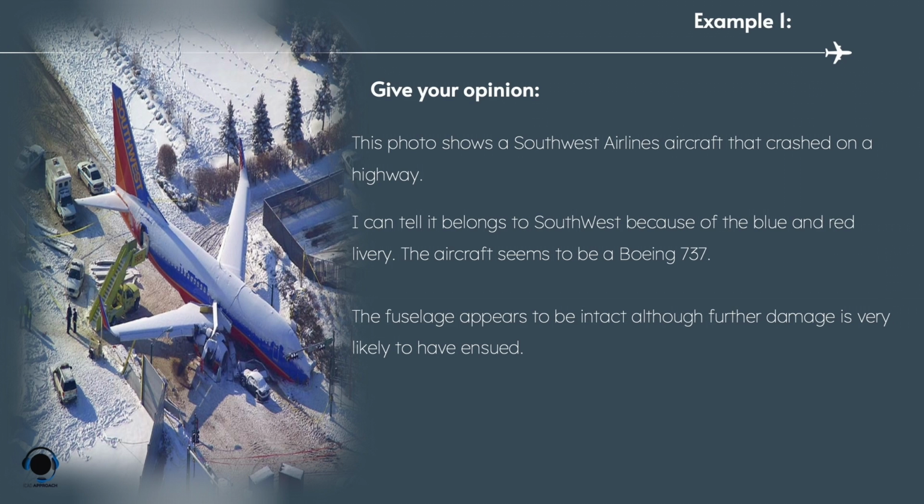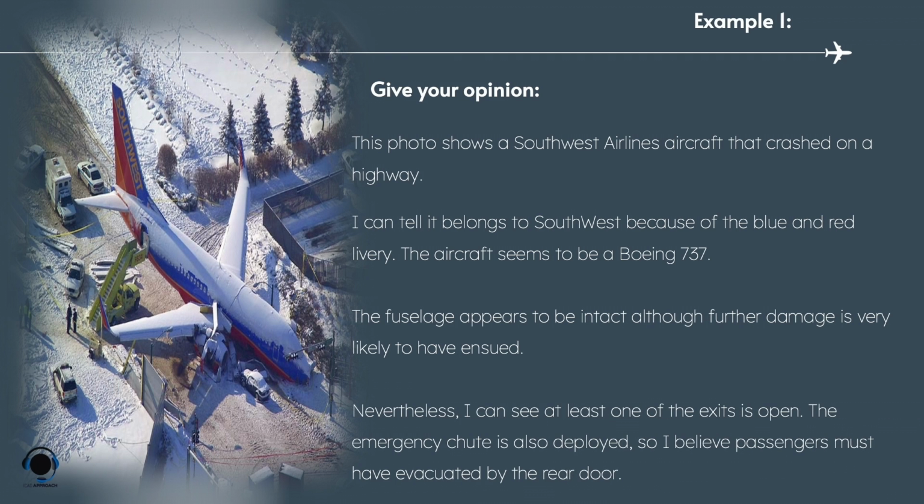The fuselage appears to be intact, although further damage is very likely to have ensued. Nevertheless, I can see at least one of the exits is open. The emergency chute is also deployed, so I believe passengers must have evacuated the aircraft by the rear door.